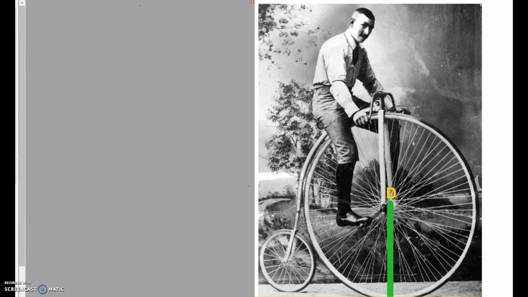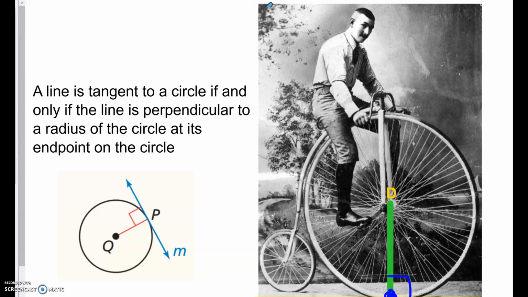If that radius meets the tangent at the point of tangency, point B, then that radius DB must be perpendicular to the tangent. So if the radius is meeting at the point of tangency, that radius and the tangent will always be perpendicular to each other.